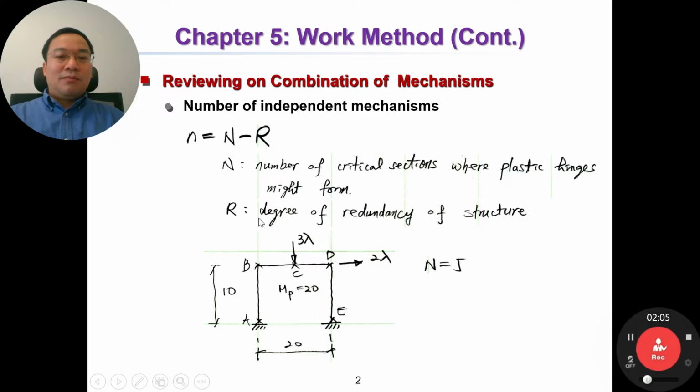The degree of redundancy. We know the degree of redundancy is 3, right? For this structure, r equal to 3. Then the number of independent mechanisms is 2 for this structure, okay?